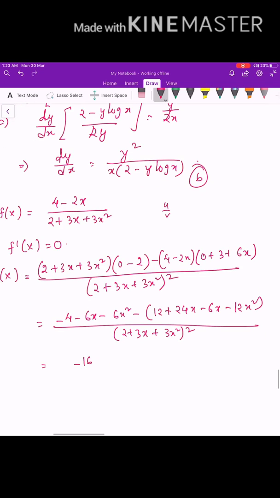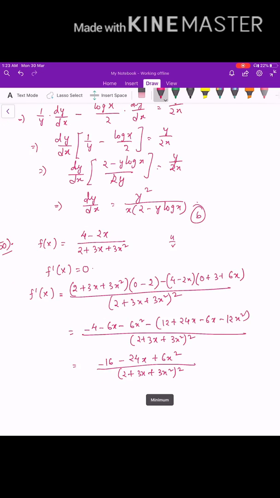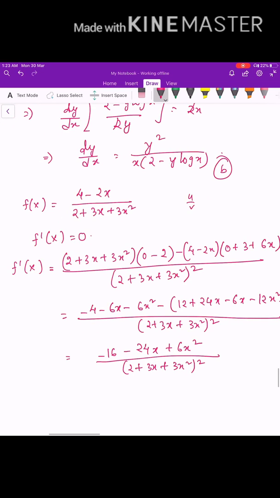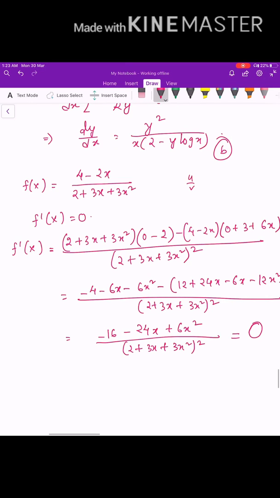So finally, minus 16 minus 24x plus 6x square upon 2 plus 3x plus 3x square whole square. Now f dash x is given to be 0. I have to find for what values of x this whole expression will be 0.